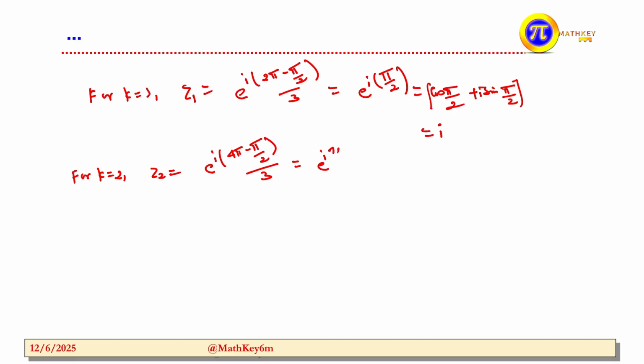Here it is 7 over 6 pi. The result equals cos of 7 over 6 pi plus i sine of 7 over 6 pi.